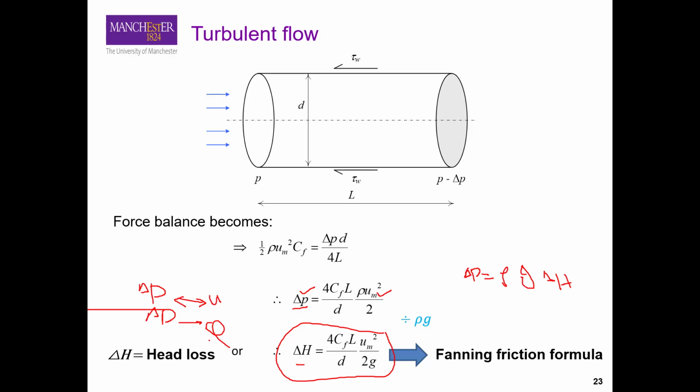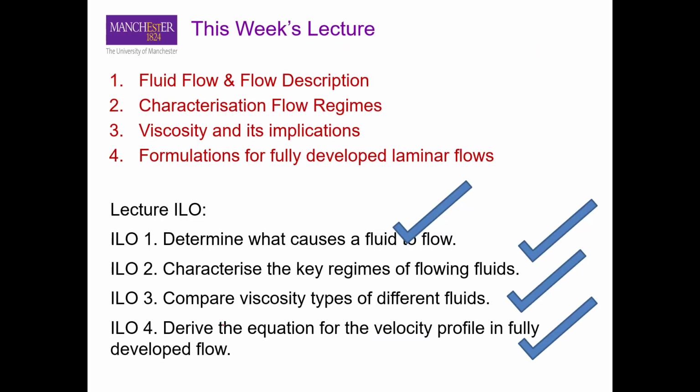So that is how you can calculate the flow rate of a fluid under turbulent conditions. Again, you can use all the equations that you developed for laminar flow. The only problem is that we don't know the value of delta P, and to calculate it you have to use this friction factor. Once you know the friction factor, you can calculate delta P, and then you can calculate Q using the Hagen-Poiseuille equation. So that is all for this part.